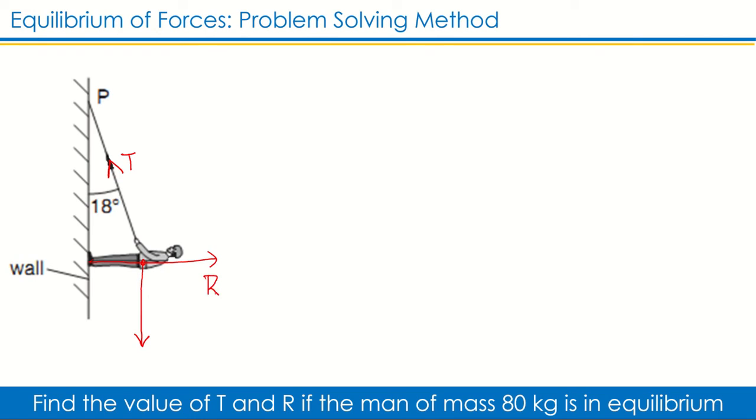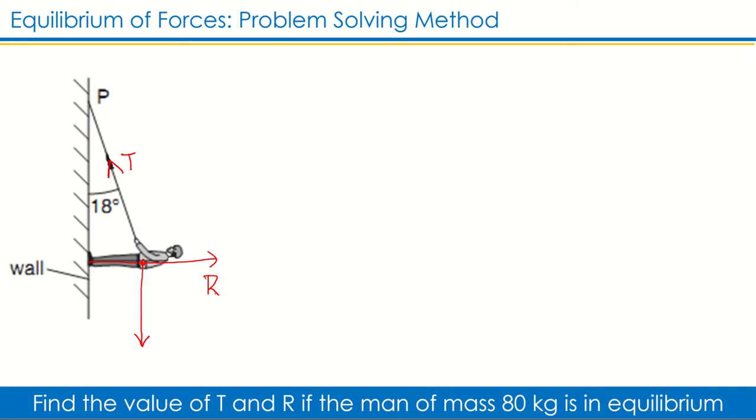T and R are to be calculated, and the mass of the man is given. So in this system we consider the man as our object. In every system you may consider a single particle as your point of consideration.